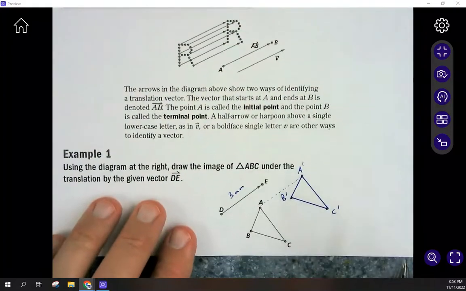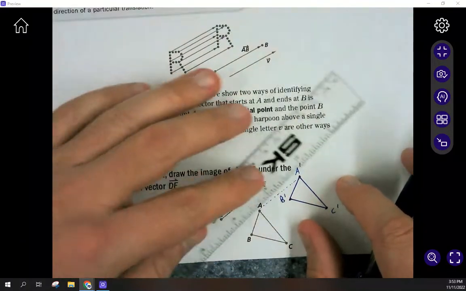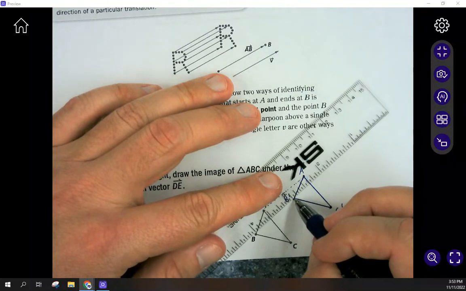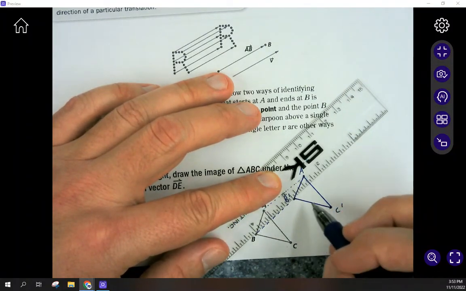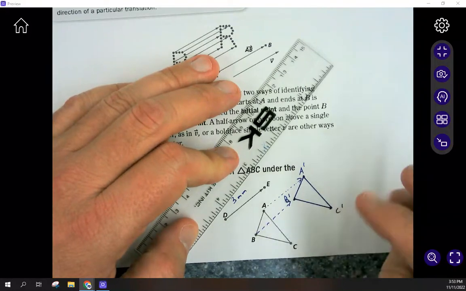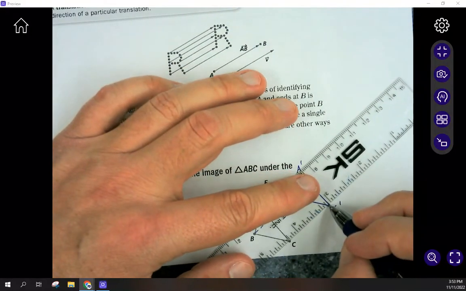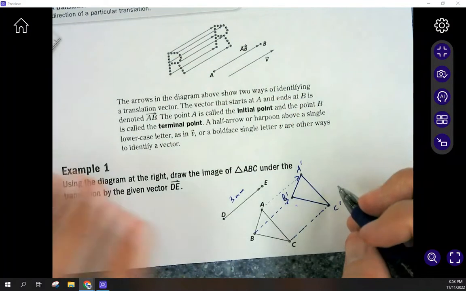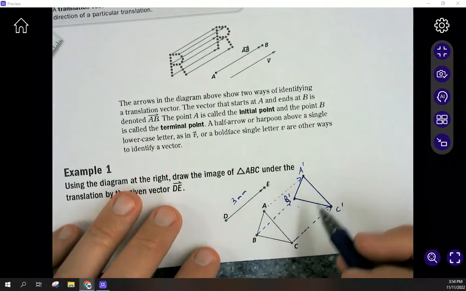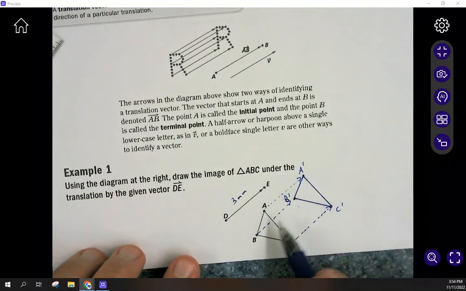And remember, under a translation, I'll go ahead and draw these vectors in here so we can see what we did. So we moved every point the same exact direction. And you can see this almost starts to make it look like a three-dimensional shape there when you connect them.